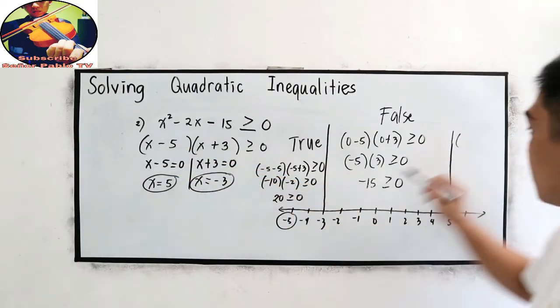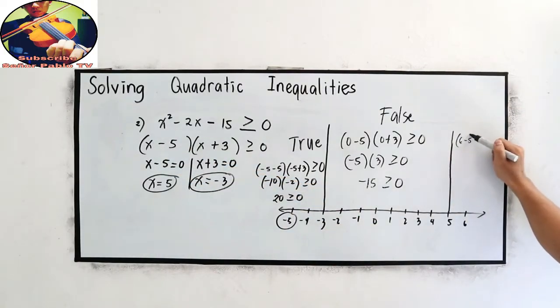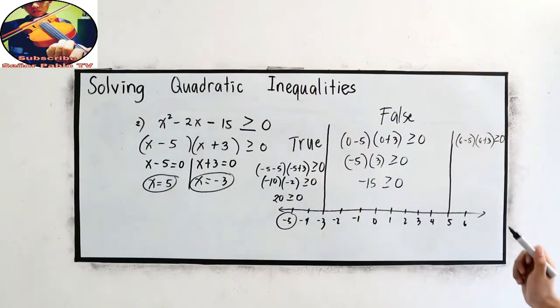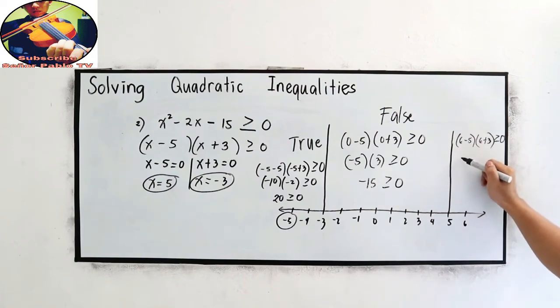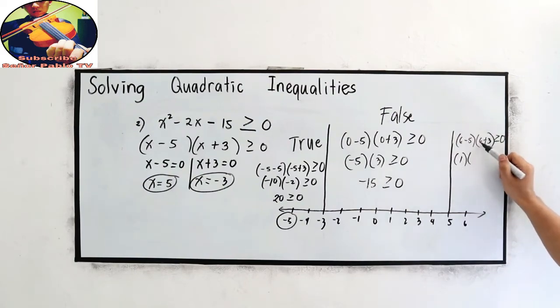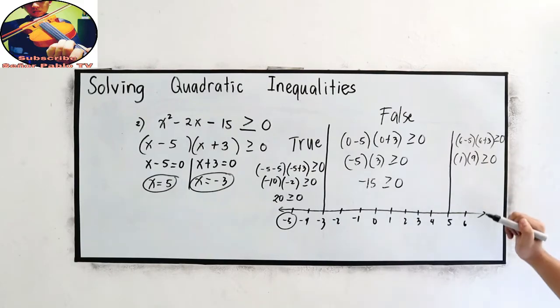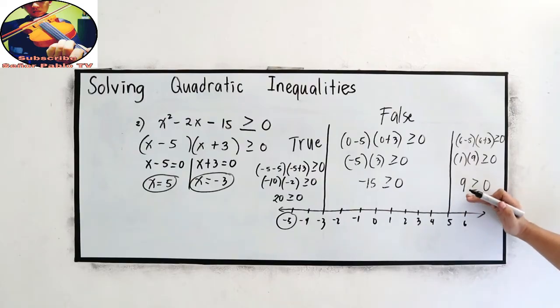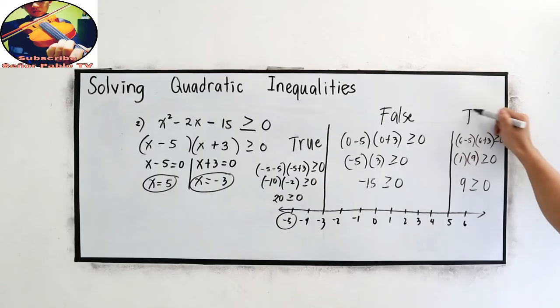So 6 minus 5. 6 plus 3 greater than or equal to 0. 6 minus 5, that is 1. 6 plus 3, that is 9. Greater than or equal to 0. 1 times 9, that is positive 9. Greater than or equal to 0. True or false? This is true.